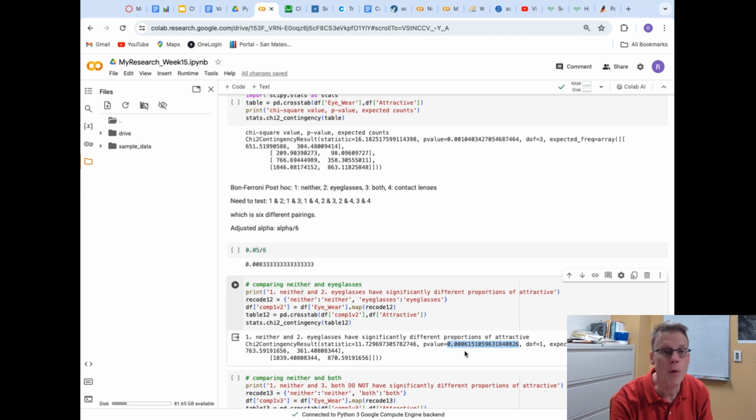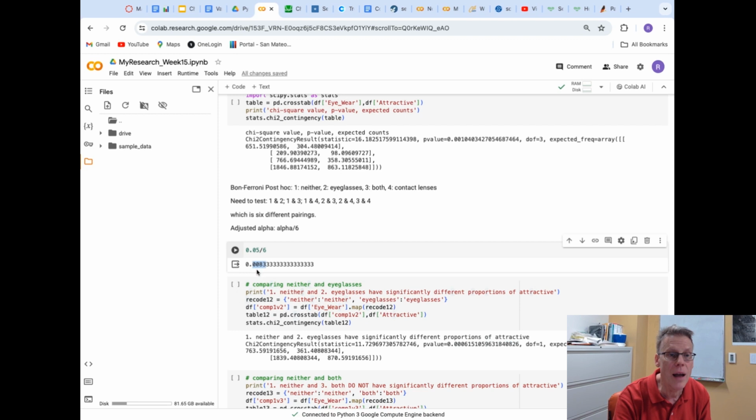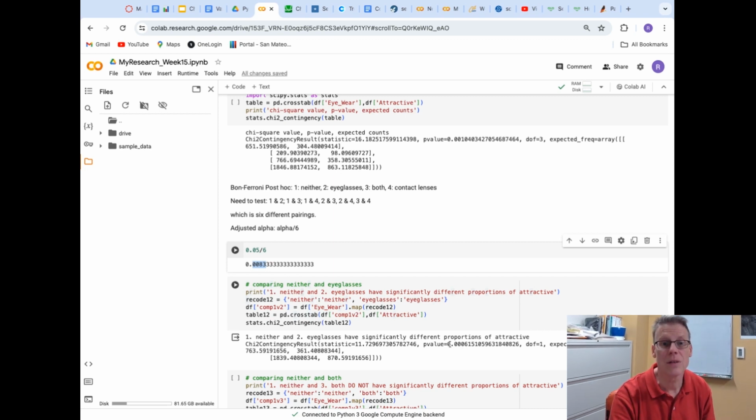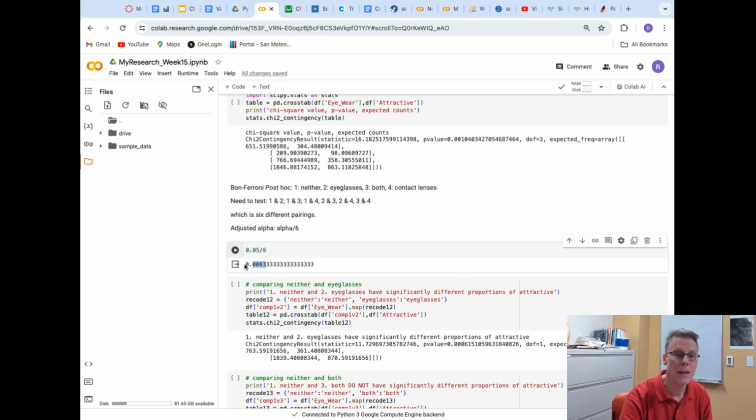The 6 is in the 4th decimal place. And so if I go to 4 decimal places on this guy, 0.0083, this is 0.0006. So this is definitely less than that. Okay, I have significance.